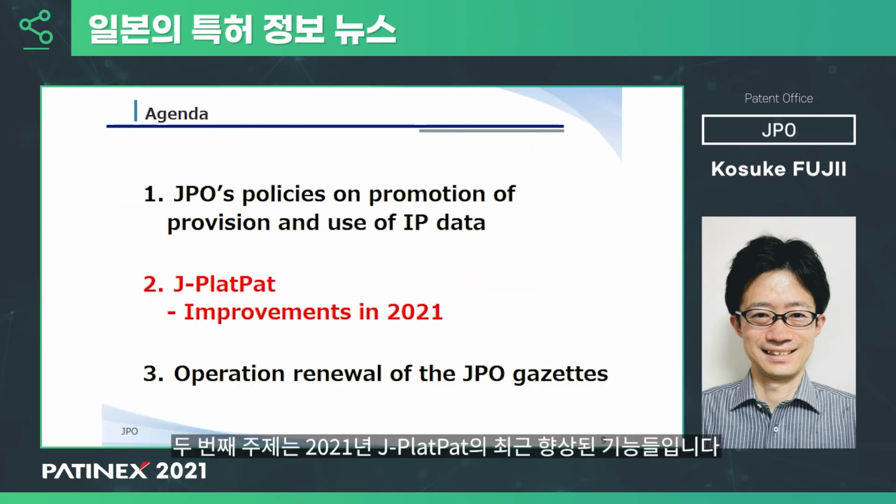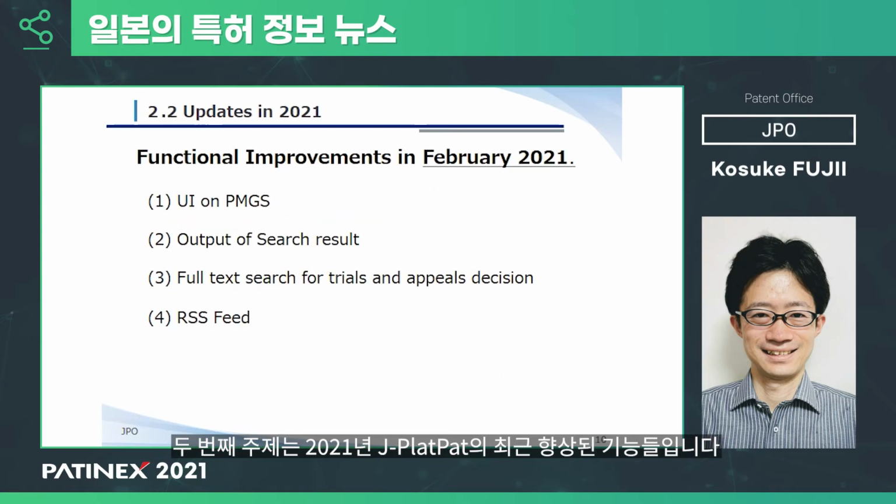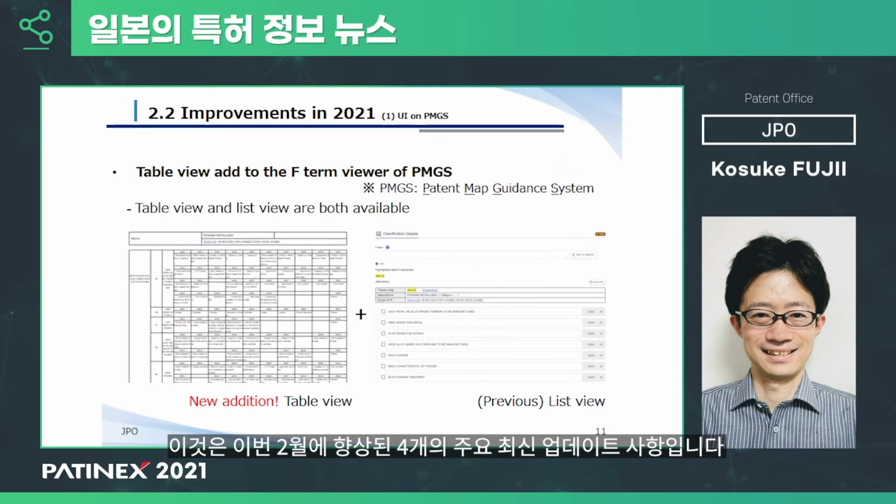The second topic is the latest J-PlatPat improvements in 2021. These are the major 4 latest updates in this February. The first update is the user interface of PMGS.